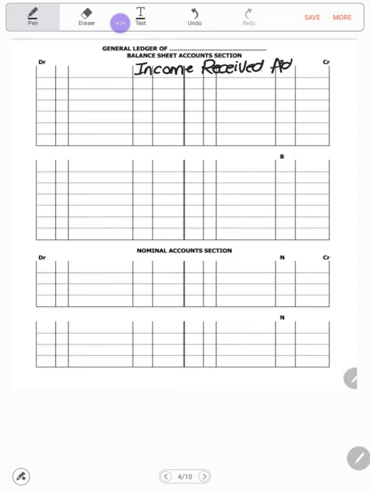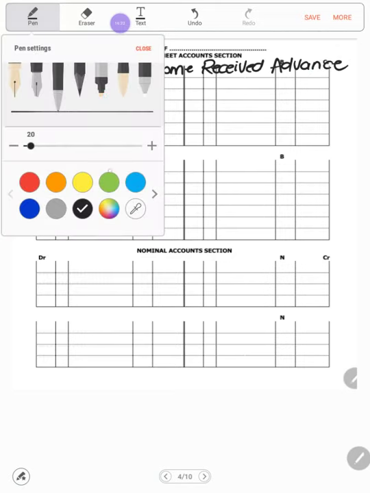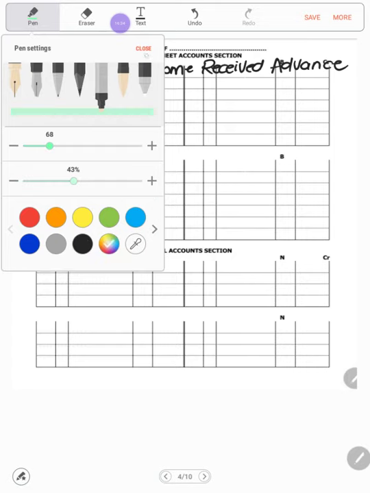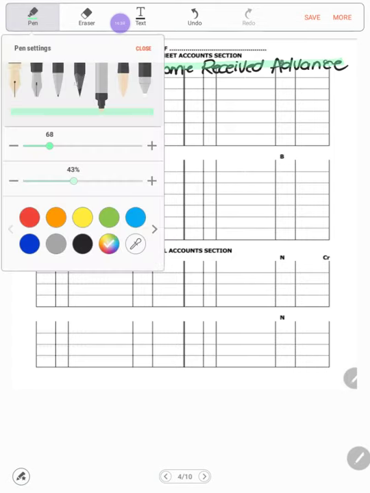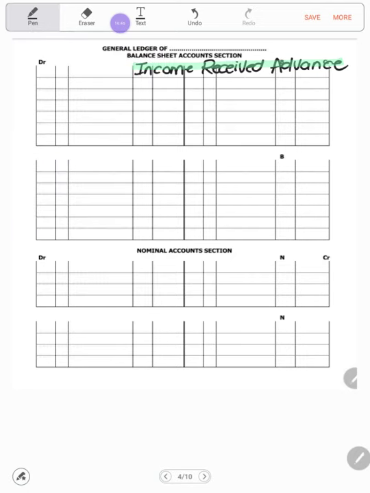Okay, there's not a lot of space here, as you can see, so I'm just going to highlight that for you, income received in advance. So what is income received in advance, ladies and gentlemen? It is a liability. It is not your money until we are in the next financial year.